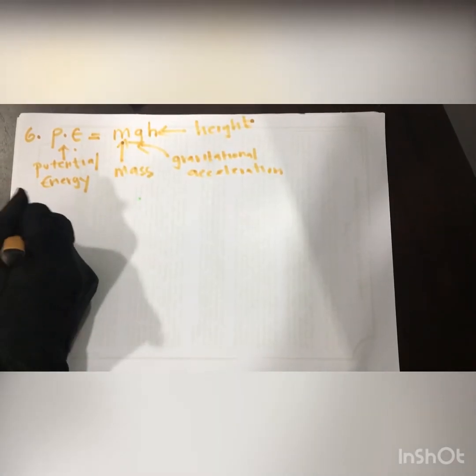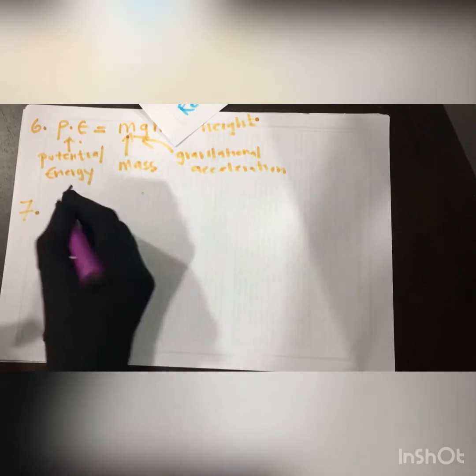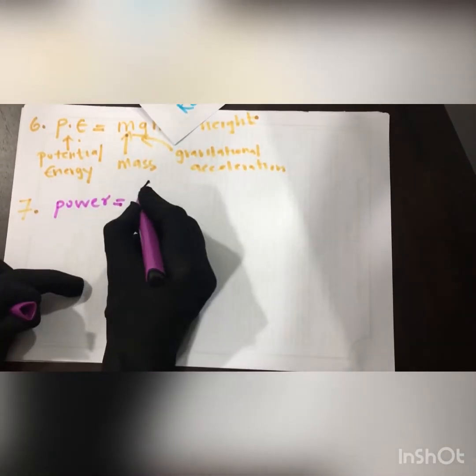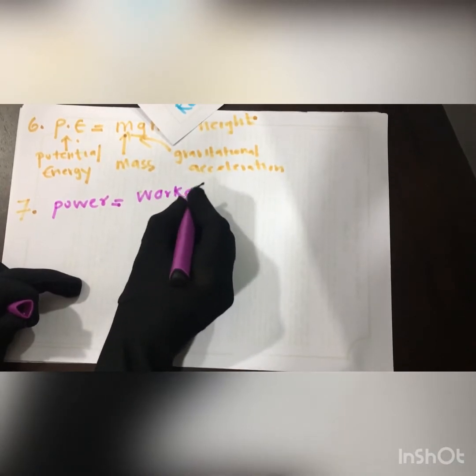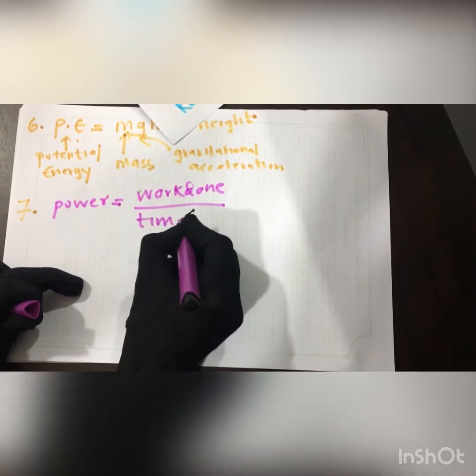And the seventh equation is power. Power equals work done over time taken.